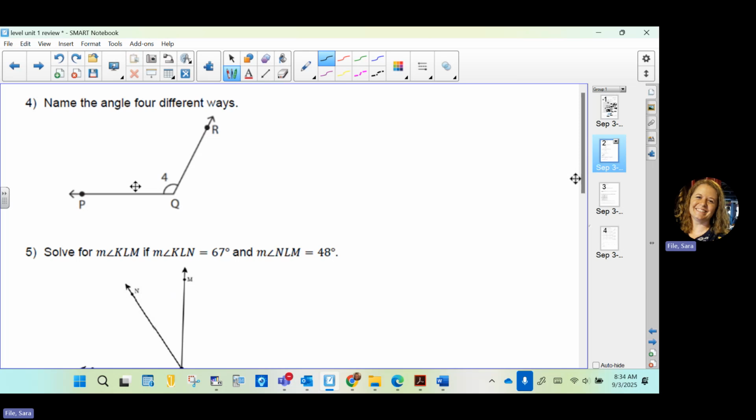All right, so on number 4, they want us to name the angle in 4 different ways. Remember, naming angles, we can use one letter if there is only one angle at that vertex. What is the vertex here? The vertex is a point, and we name points with letters.